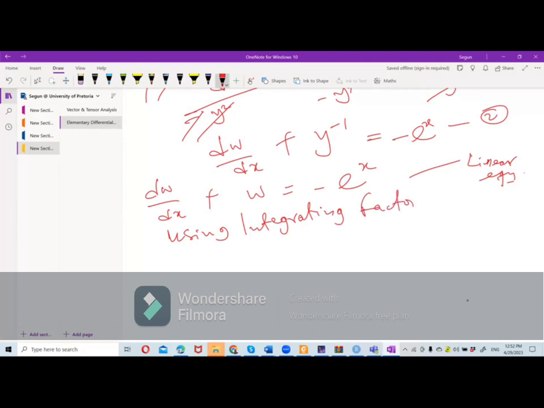You have a lot of questions on integrating factors. The formula for integrating factor is what?